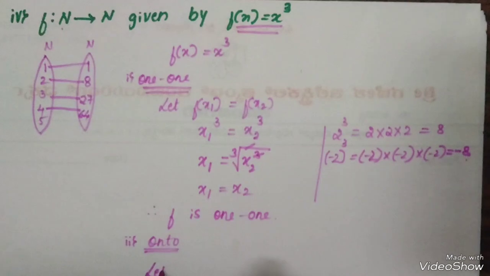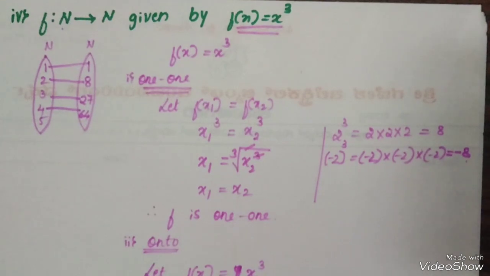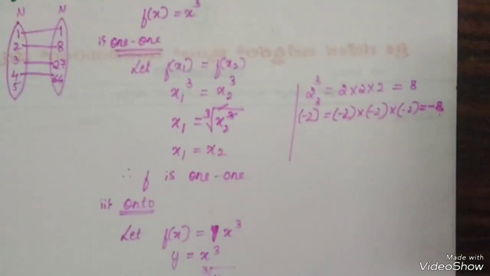Again let f of x is equal to y. f of x is equal to x cube. Replace f of x by y, we get y is equal to x cube. Then solve for x: x is equal to the cube root of y. Whatever values we have taken, all the values become the cube root of y.